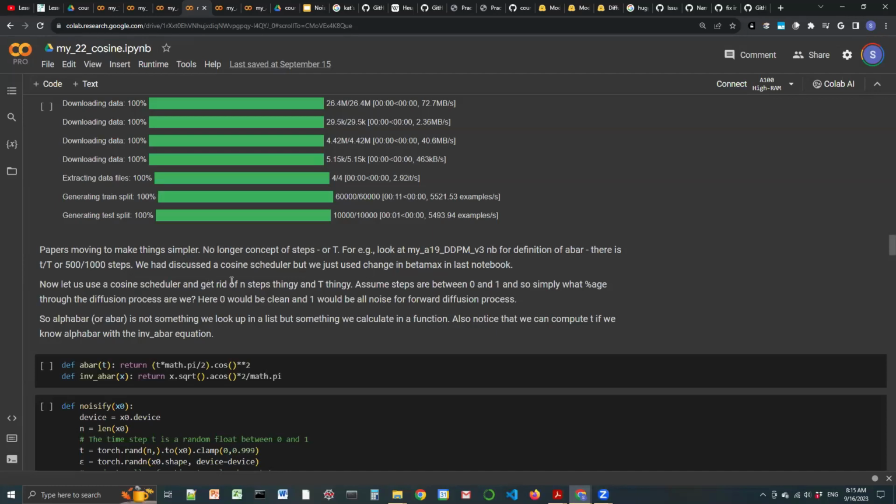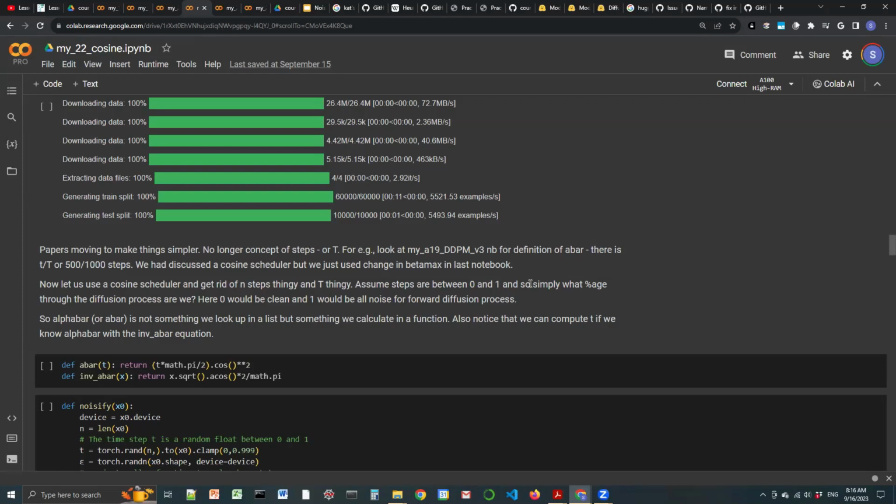Now here he's saying, let's get rid of the number of steps and the concept of the total time steps T. Instead, just assume that the value lies between 0 and 1, and the small t that we are looking at is just the fraction of the way you have gone between 0 and 1. So small t is nothing but a percentage we have moved between 0 and 1.